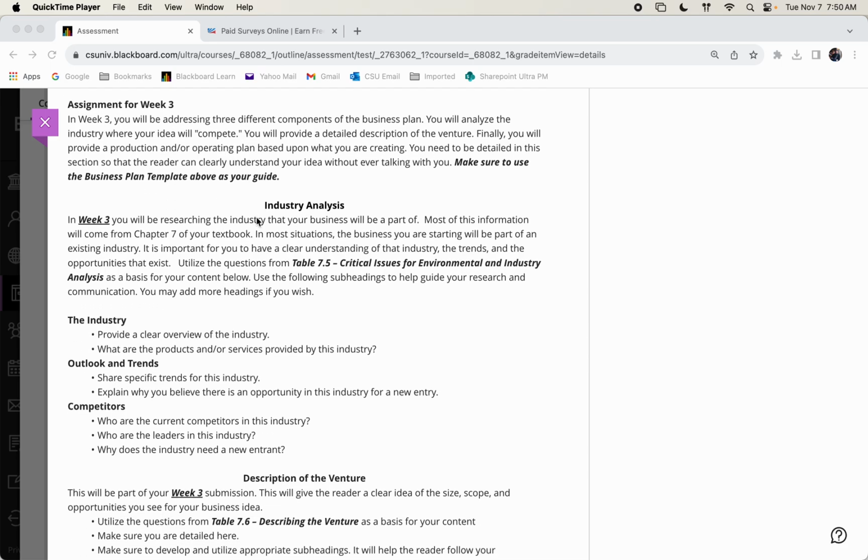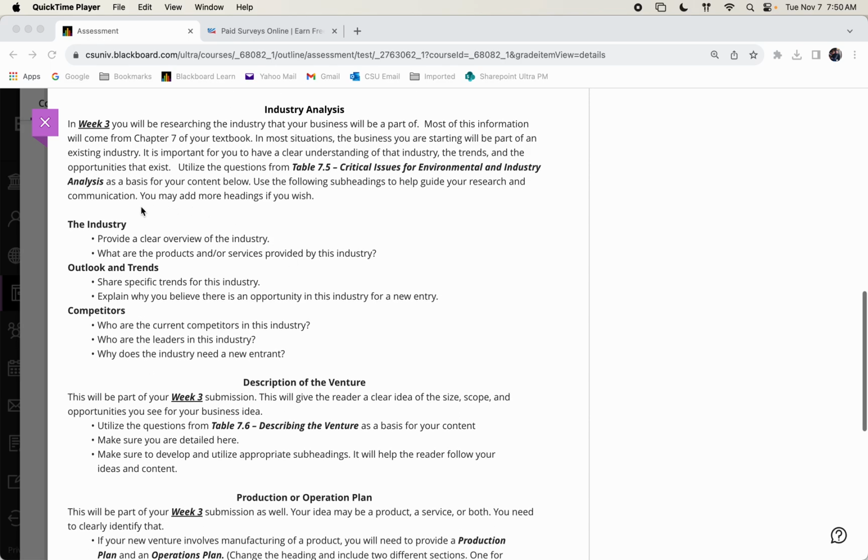So we talked about industry analysis. I gave you a couple of things with questions to look at: the industry in particular, the outlooks and the trends. Who are the competitors in there? This is something that is very, very important, making sure that you have a clear understanding of what business you're getting into and who the competitors are.